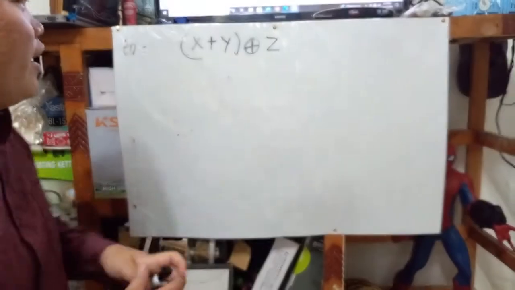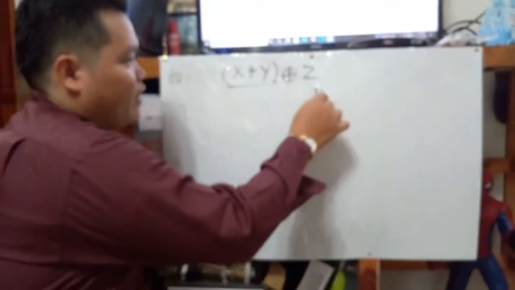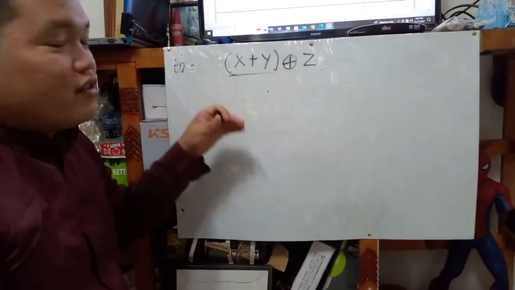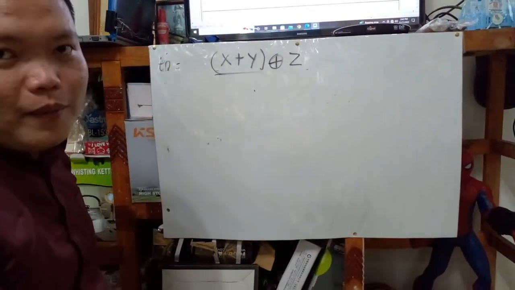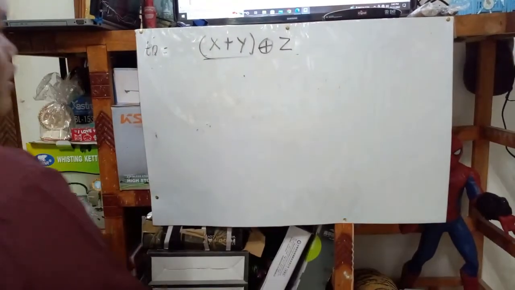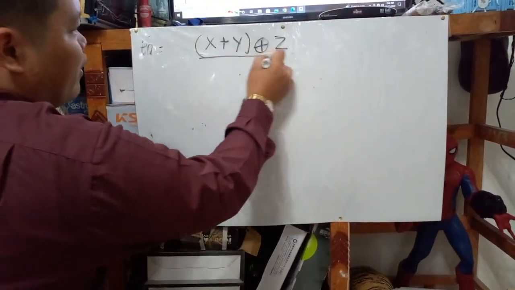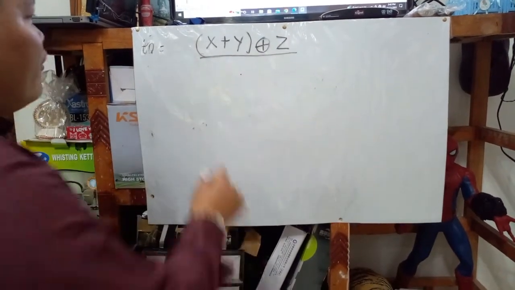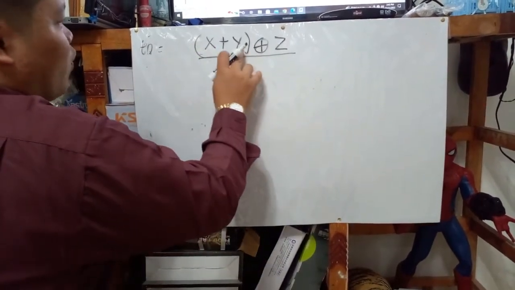So atong buhaton is ang given niya is equation. So gihatag niya is equation. So atong buhaton is we make a logic circuit nga ma-form nato into diagram. So imong technique buhaton is first gyud is tan-awon nimo unsa ang first step under sa imong equation. So we have first x plus y man.